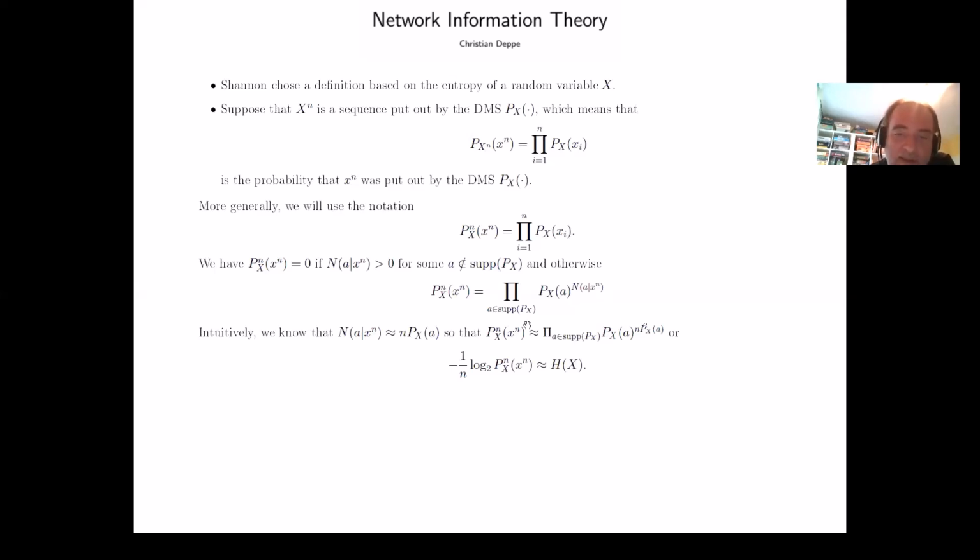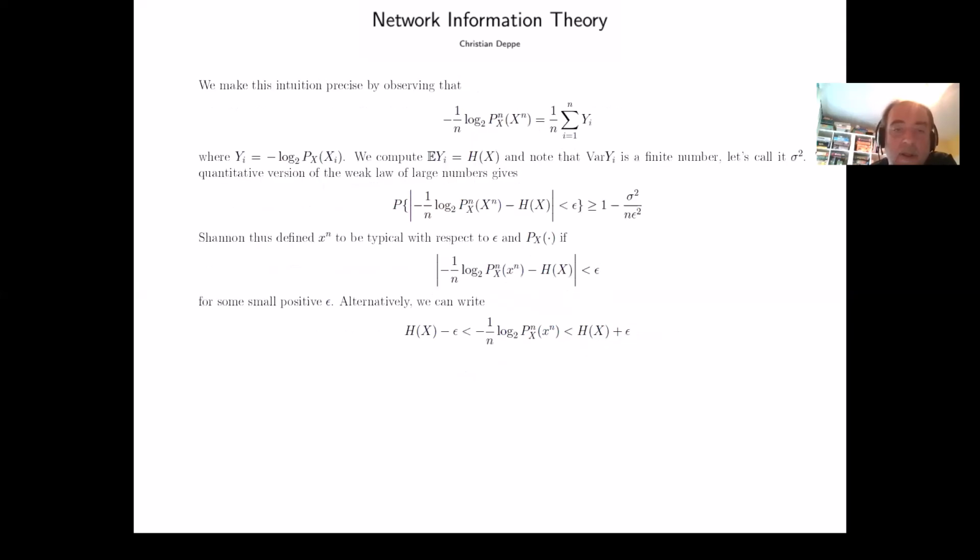And now if we look at the logarithm of this times 1 over n, then that's approximately the entropy of X that we proved last time. And now we make this intuition more precise by setting the random variable Y_i equal to minus log 2 of p_X(x_i). We see that the expected value of Y_i is exactly the entropy.